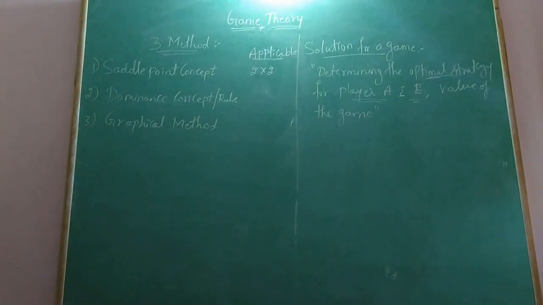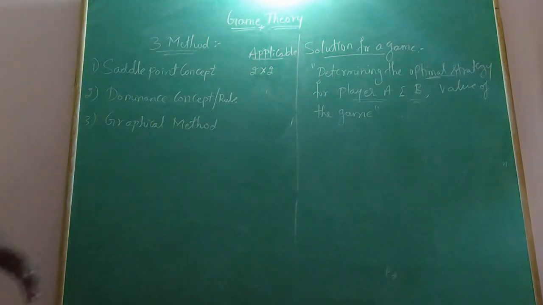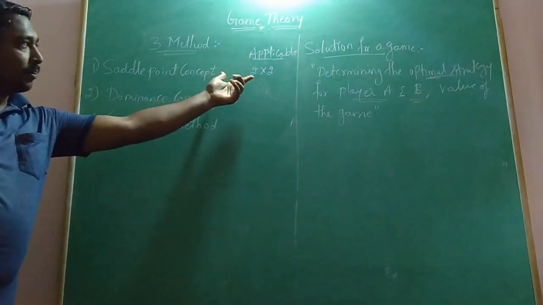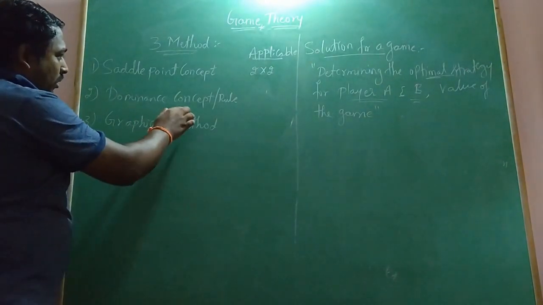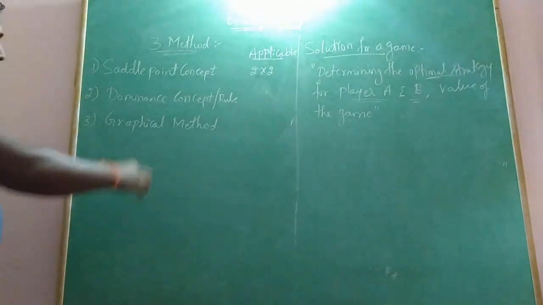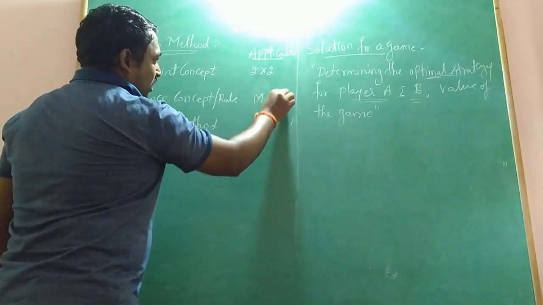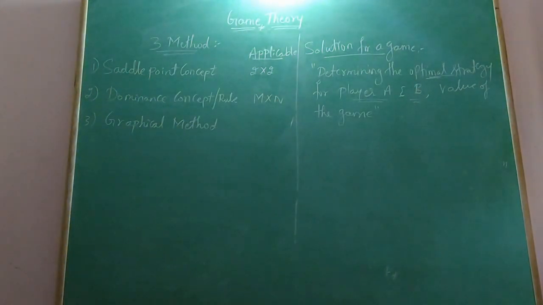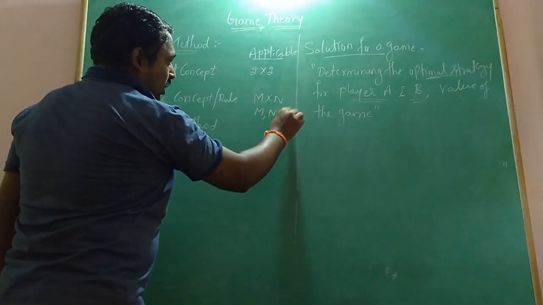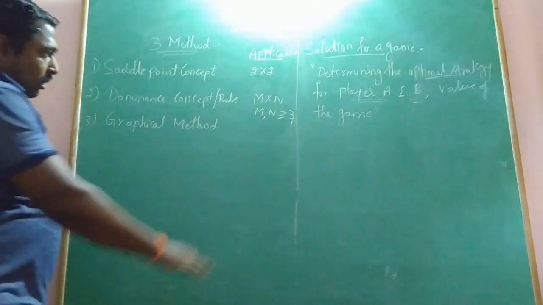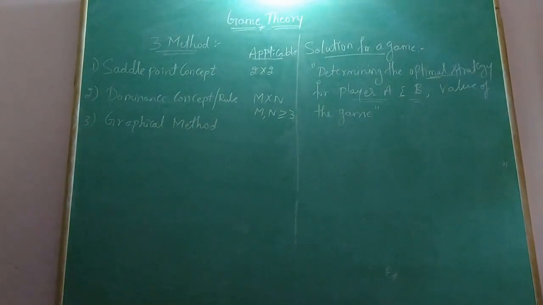The dominance concept, or dominance rule, is applicable when the order of the matrix is m cross n, where m and n must be greater than or equal to 3. That is, the order of the payoff matrix must be at least 3 cross 3.